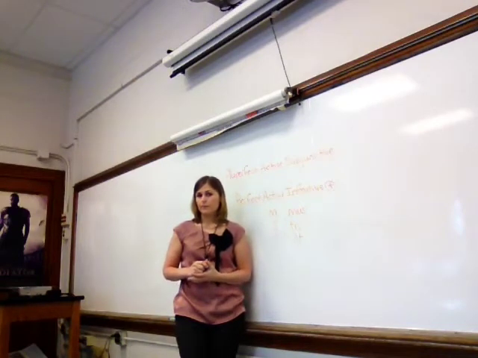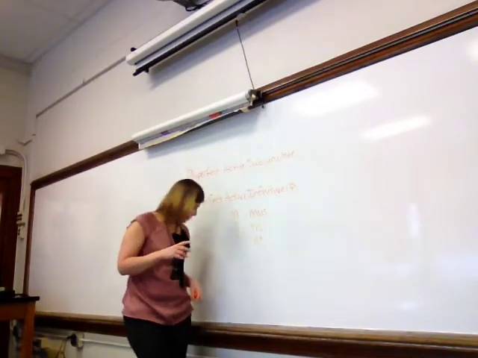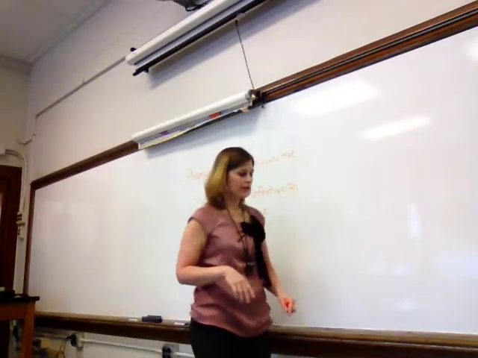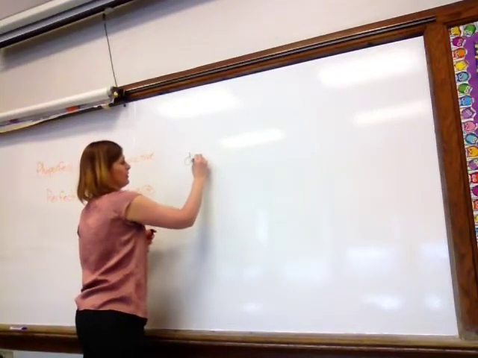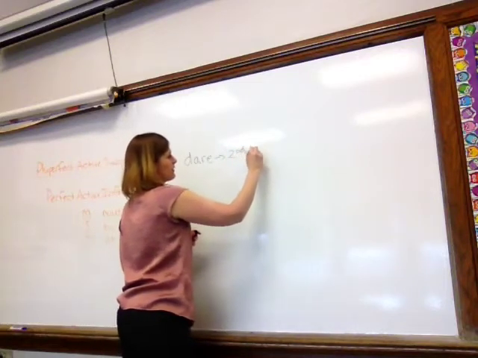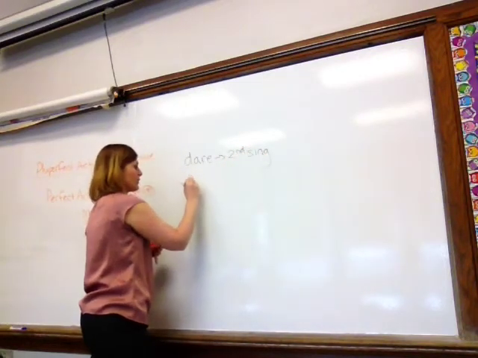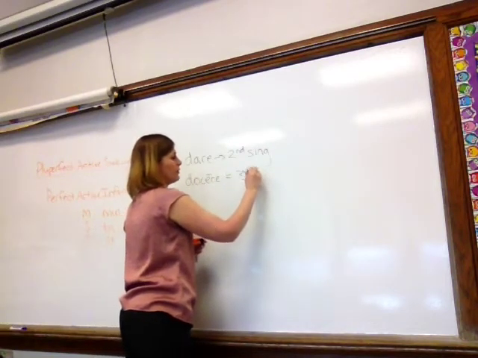Okay. Any questions? Well, I'm going to have you all do examples, actually, and then we'll talk about them. So what I would like for you to do is, dare, I'd like for you to create second person singular. For docere, please create third plural.